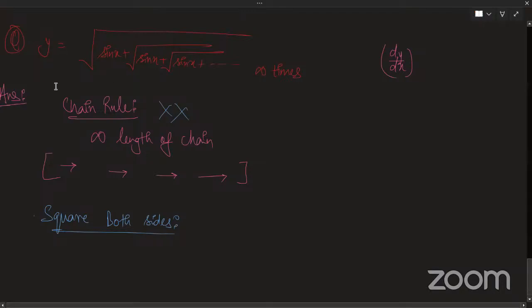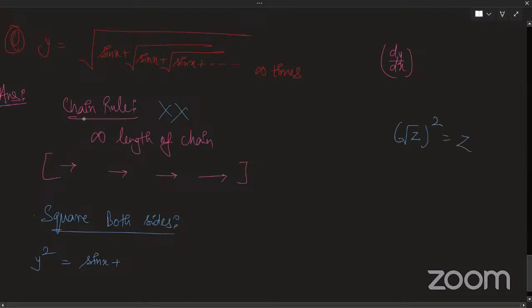Fine. So can you tell me, squaring both sides, my left hand side will become y square. What about my right hand side? Sin x plus. Basically my outermost square root will get removed, because if you have the square root of some z and then you square it, it is basically z.